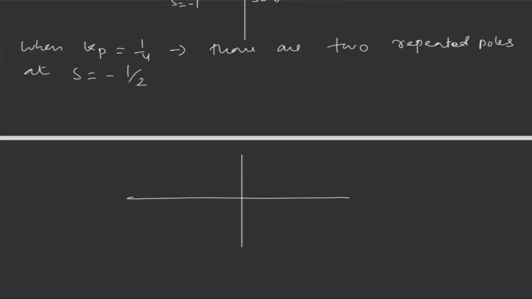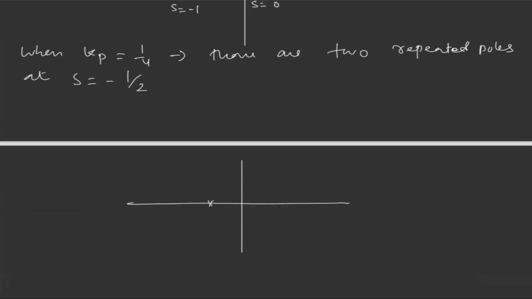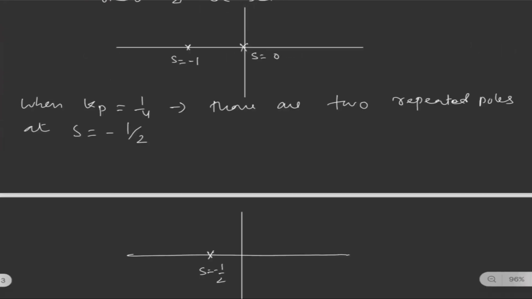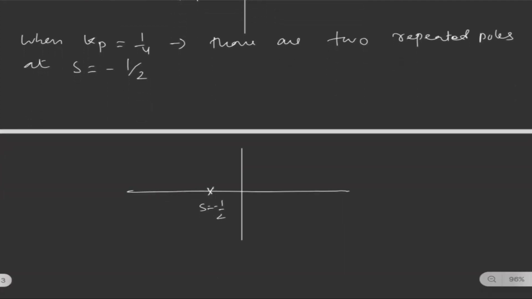So let's assume this is -1. So we can write here there will be two repeated poles, s equal to -half. And if you notice carefully, with the change of Kp, the poles are shifting on the S-plane.